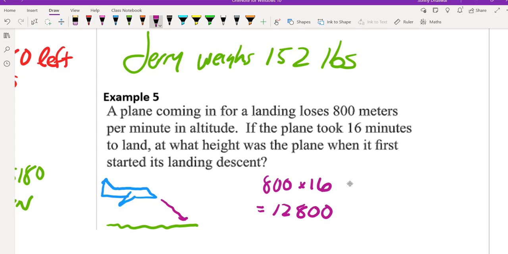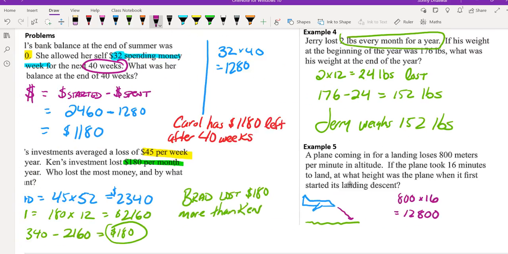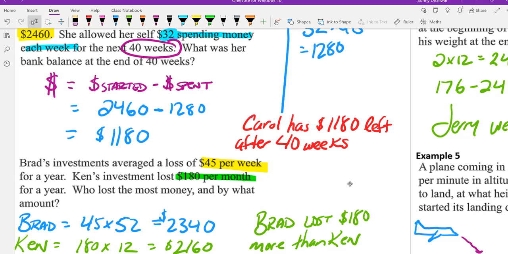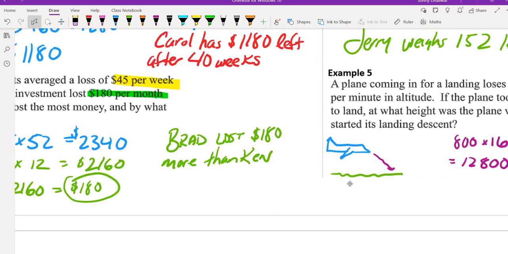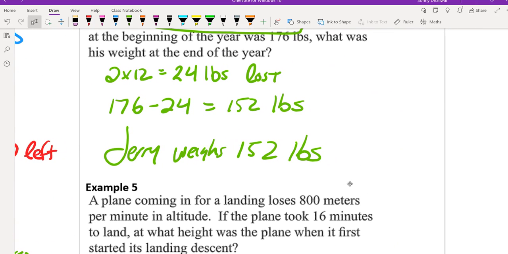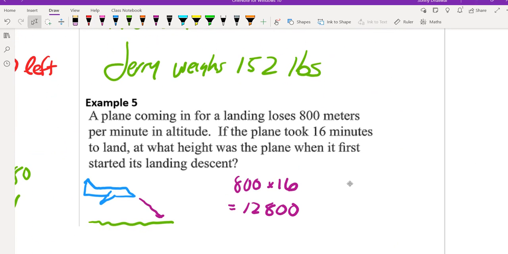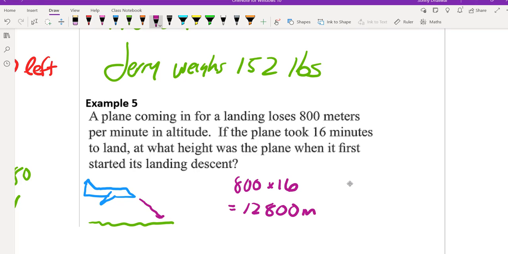12,800. Now, with all these questions, we had units. First question, we're talking about money, so we had a dollar sign. Here we're talking about weight, we had pounds. What should the units for this 12,800 be? M, right? We're talking about meters, distance.